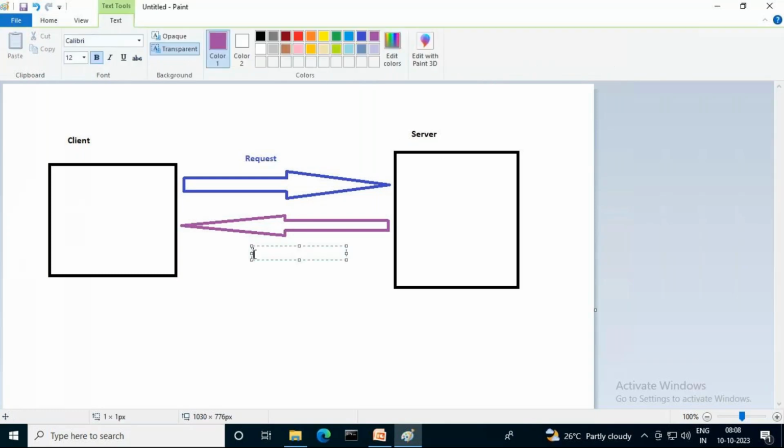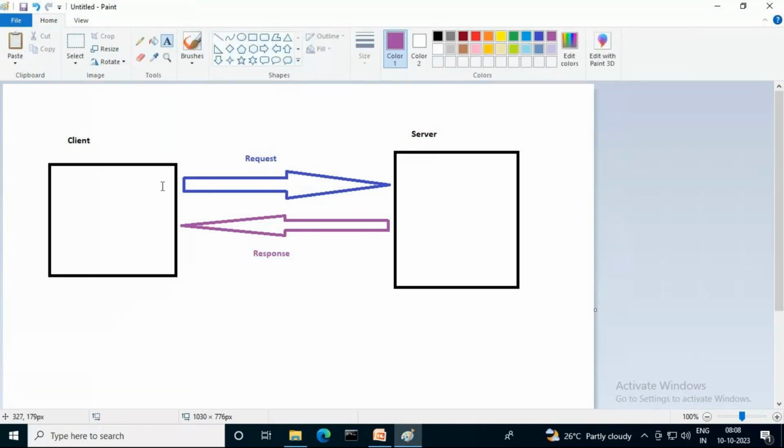The server will take some time to process whatever request has been sent from the client. That particular time taken by the server to process this request will be called the response time. For each request there will be a response time. Clear all of you? So that is what our response time is.